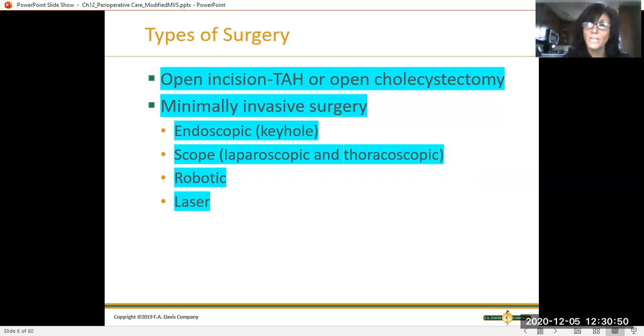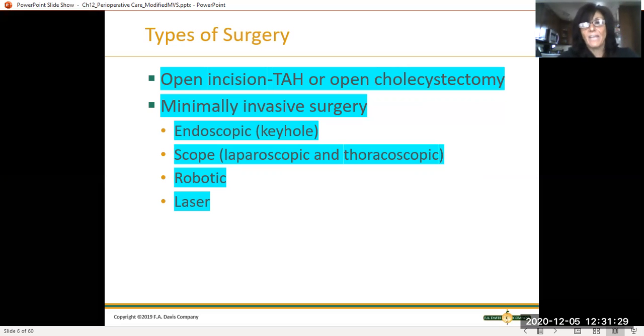Well, we can do a cholecystectomy laparoscopically, where we make puncture wounds, one at the umbilicus, and then usually 3 more strategically placed in the abdomen, to go in with a scope, which is a camera, kind of in a tube, so the surgeon can be looking on a screen inside of you, while those other puncture wounds allow for a surgical implement like a scalpel or forceps, hemostats, and those types of things in there. So they go in just through these little puncture wounds and don't have to make an open incision.